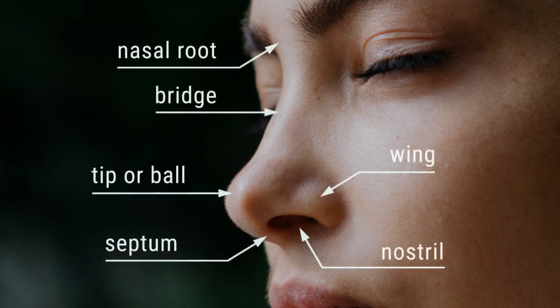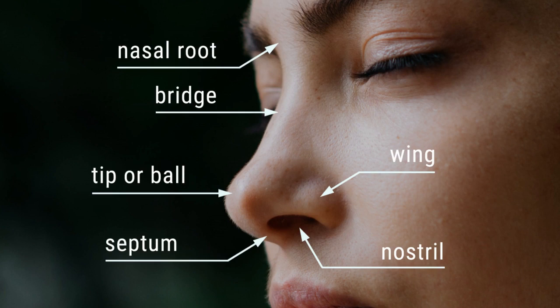The human nose is a very complex system, but we need to know only its external parts. These parts from top to bottom are as follows: the root, the bridge, the tip, the wings of the nose, the nostrils, the septum.